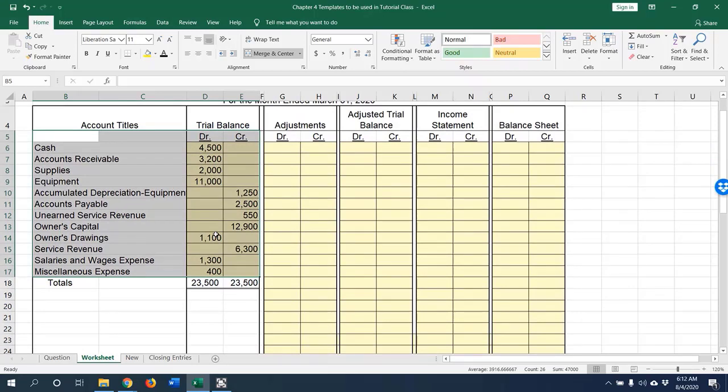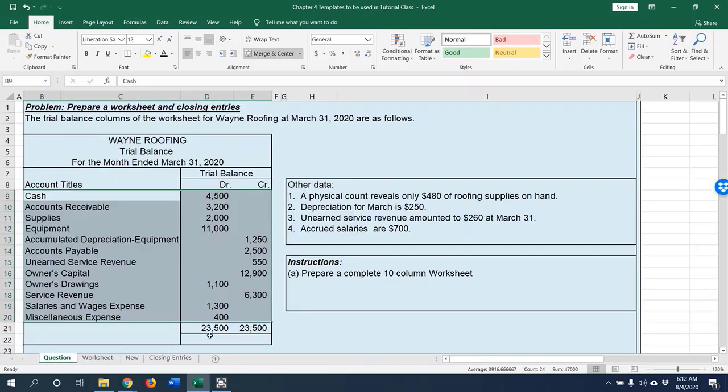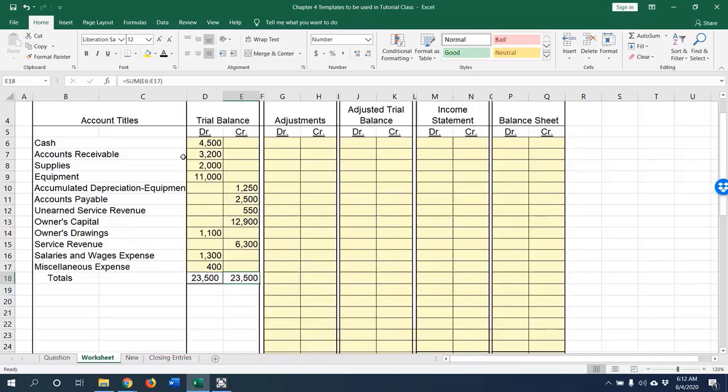Here you can see that we have also calculated the totals, and they should be the same: 23,500 and 23,500. So don't make a mistake here. In inputting, you don't have to think about anything. You just input whatever you have got from the trial balance directly here.